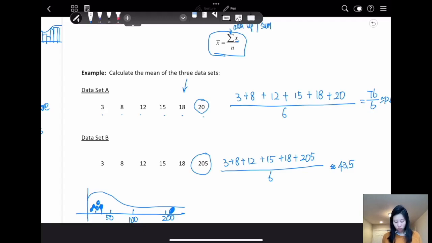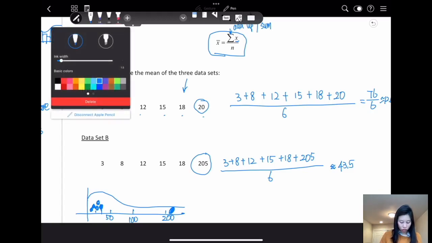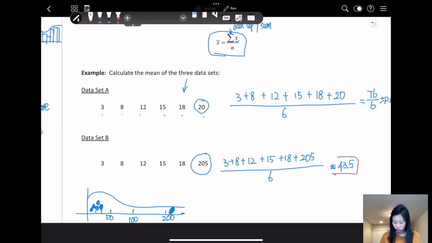Okay, let's look at where the median is. The mean is equal to 14.3, which is approximately here. That's going to be our mean, not median, sorry, because that's the average.